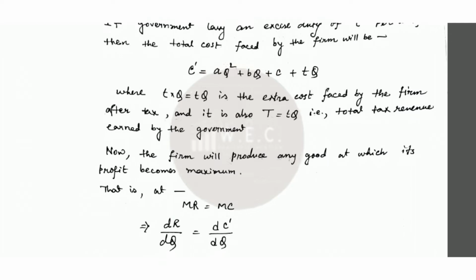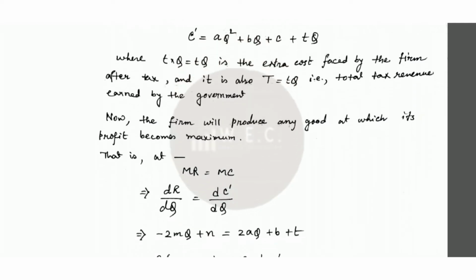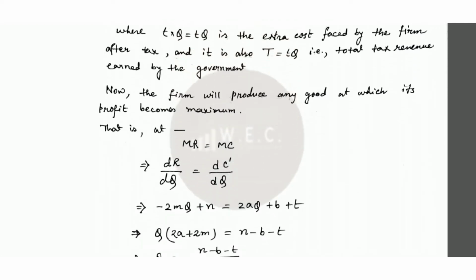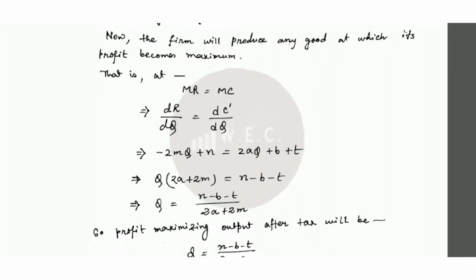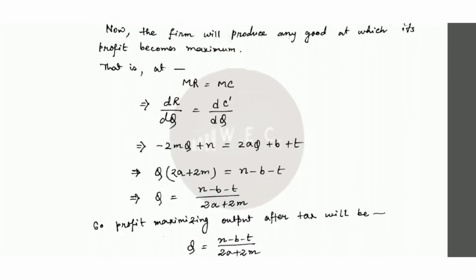Total revenue is already given as R, and total cost here is C dash. So differentiating R with respect to Q and differentiating C dash with respect to Q, we get, as you can see here, and equating those derivatives, we can derive the value of Q.